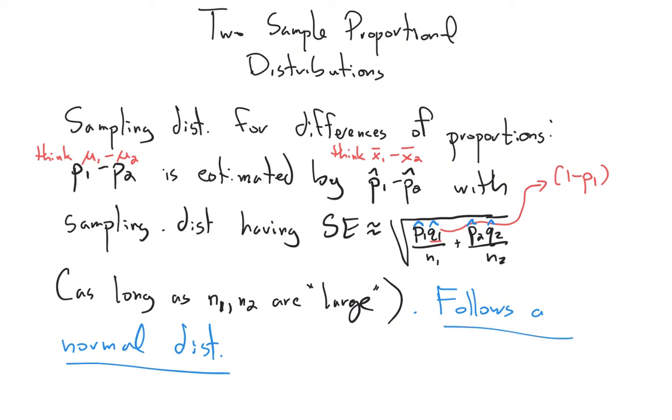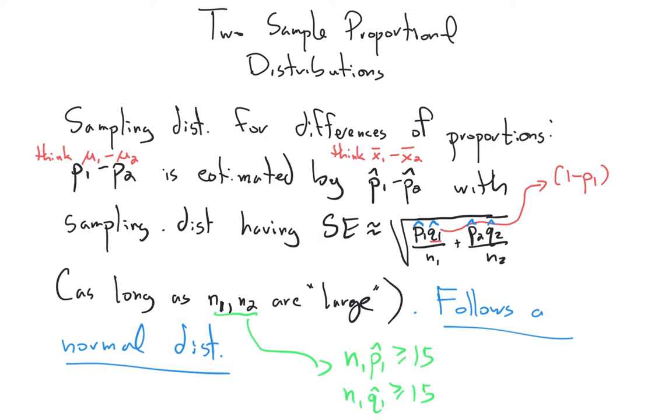And again, we just have to check that N1 and N2 are large. And by large, I mean the exact same thing I meant in the previous video. We need that N1 times P1 is greater than or equal to 15, and N1 times 1 minus P1, or times Q1, or we can use Q1 hat, is greater than or equal to 15. We're just checking against the proportion of successes in our sample and the proportion of failures in our sample.